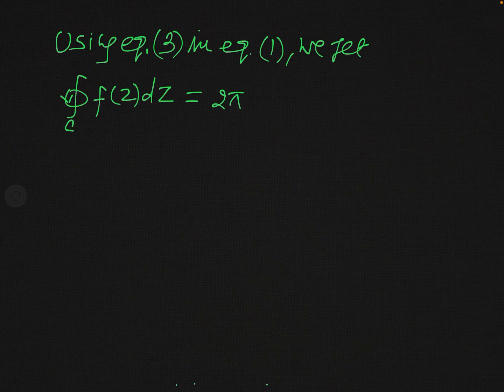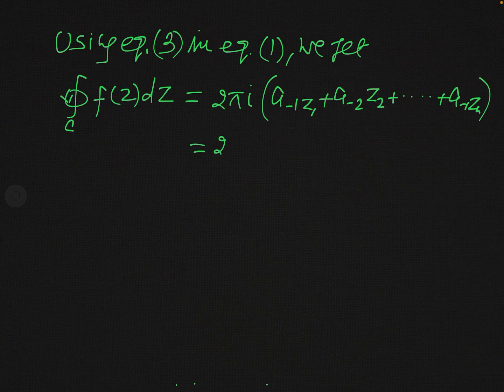When we substitute the value of all the integrals in the RHS of equation 1, 2 pi i can be taken as a common factor, and the remaining terms will be a minus 1 at z1 plus a minus 1 at z2 plus so on plus a minus 1 at zn, and these are actually the residues at points z1, z2, z3 and so on up to zn of the function f of z.